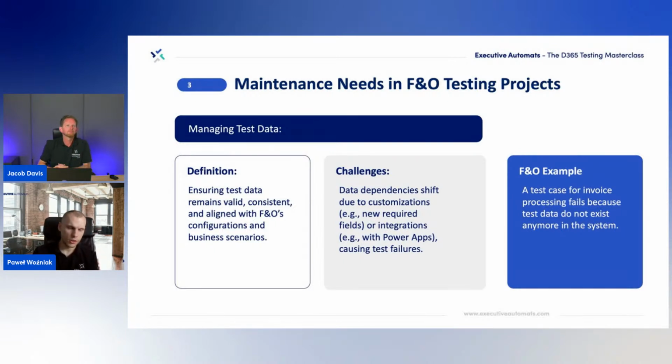The record is blocked and the script may fail because the data in the script is wrong. So with managing the test data, in this type of situation we don't need to change the steps. We need to change only the values which will be used by those steps. So yeah, we have a few options inside Executive Automats at least to help with it.